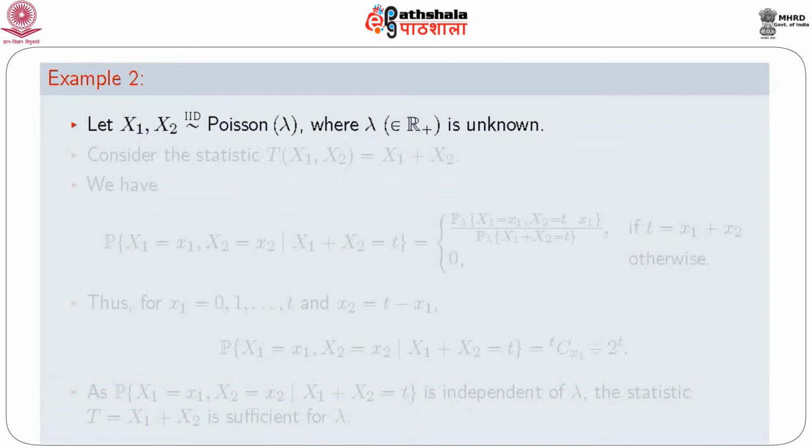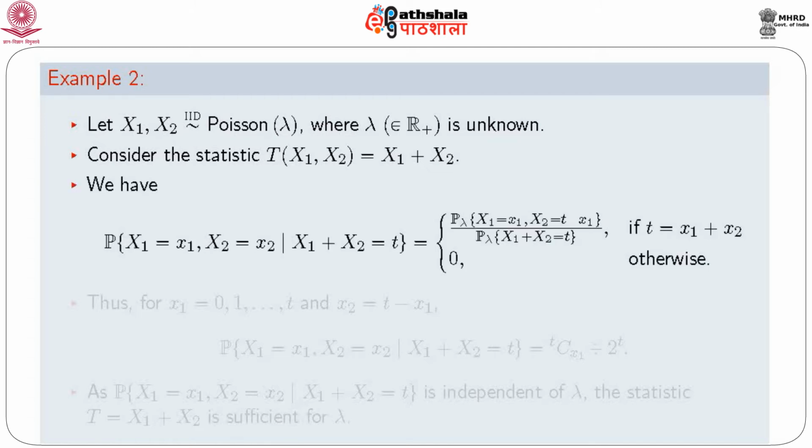We consider another example. Let X1, X2 be independently and identically distributed Poisson lambda random variables, where lambda greater than 0 is unknown. We consider the statistic capital T equals to X1 plus X2.